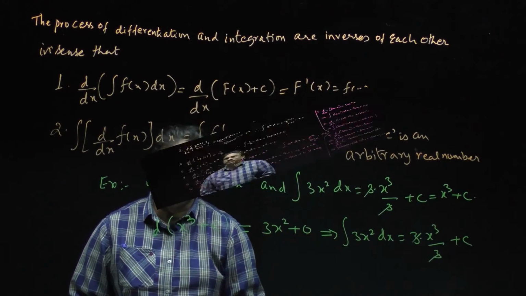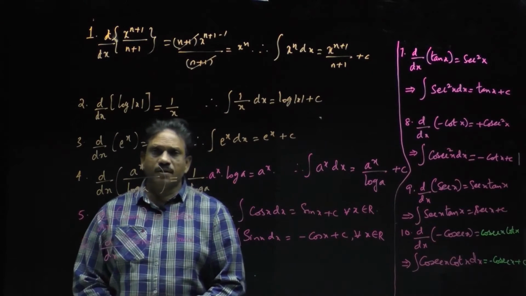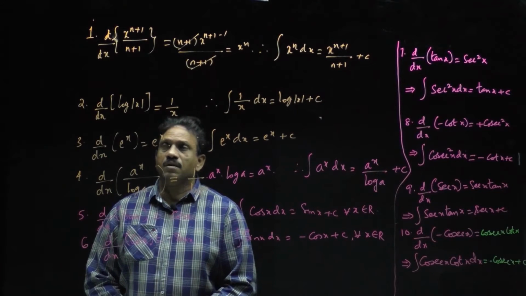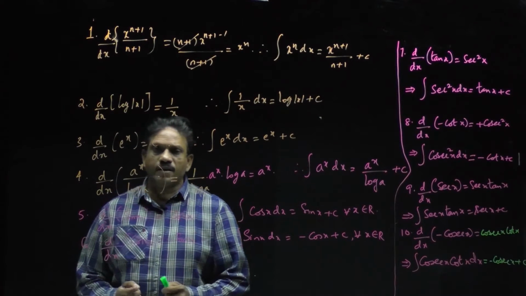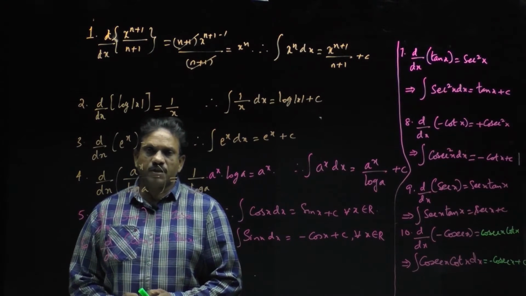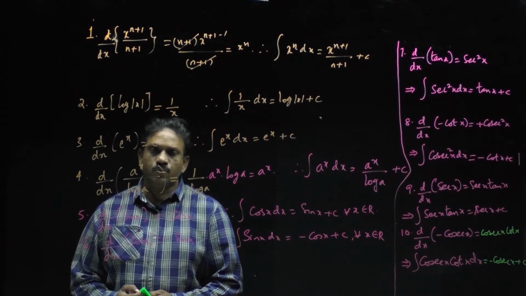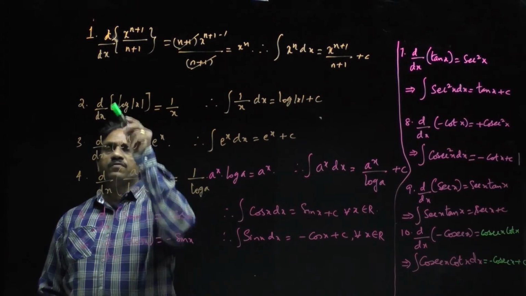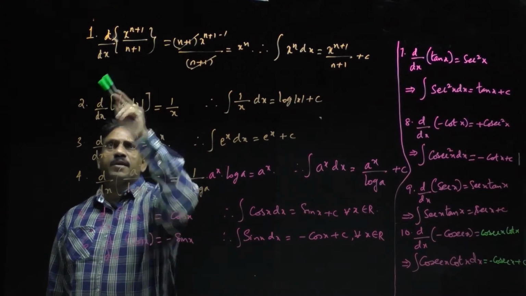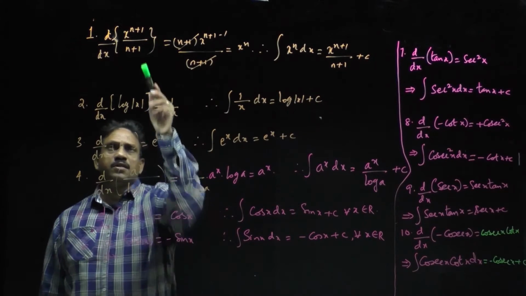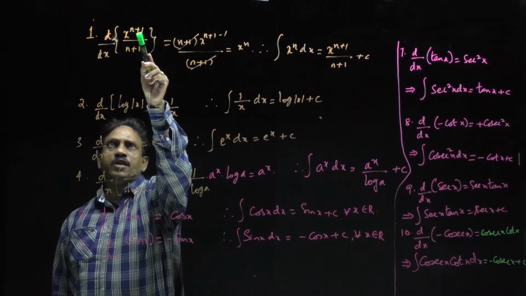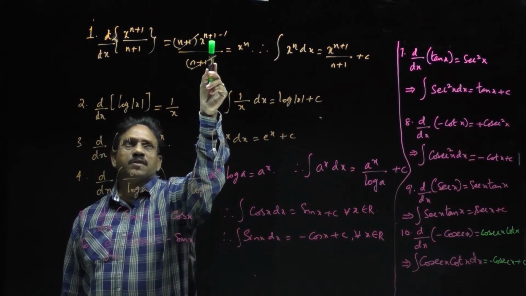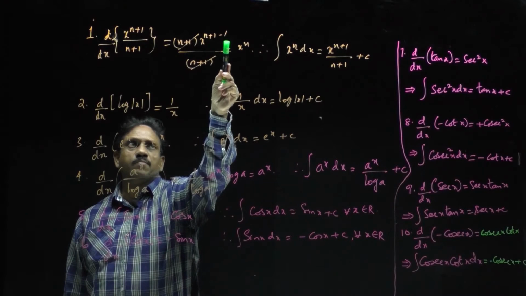That's clear. Now we are going to write the results of integration. See the first result. Just now I explained that differentiation and integration are inverse to each other. See the concept here. The derivative of x power n plus 1 by n plus 1: we know that the derivative of x power n plus 1 is n plus 1 times x power n plus 1 minus 1.